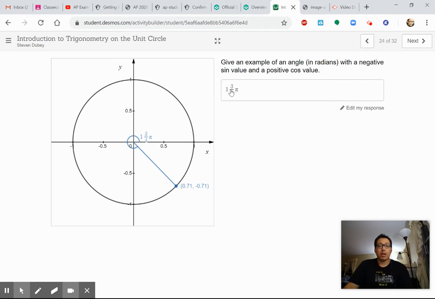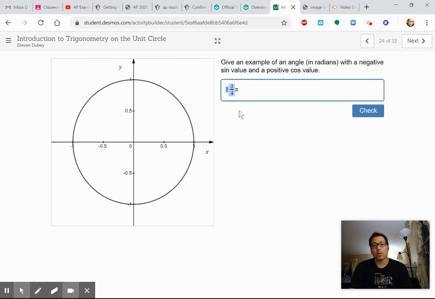And that would work. There's another way you could write this. Instead of a mixed fraction, 1 3/4 is the same as 4 quarters and 3 more, so 7/4 pi is another way to write that.